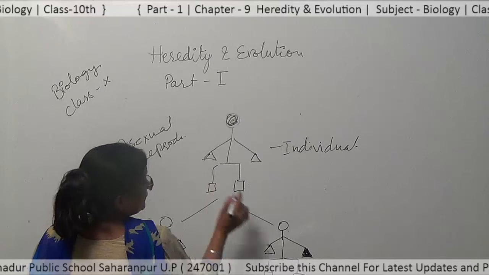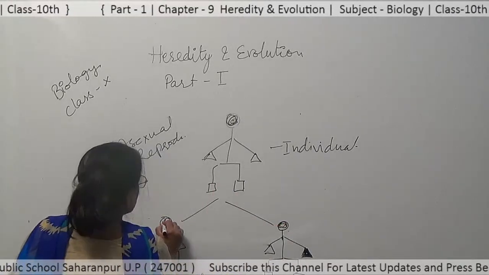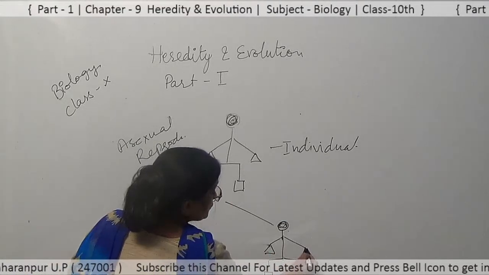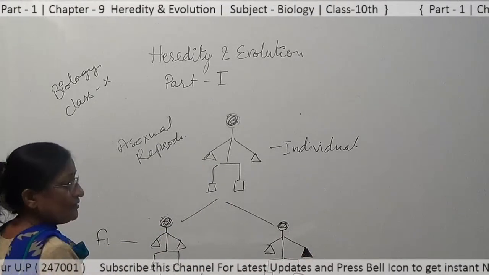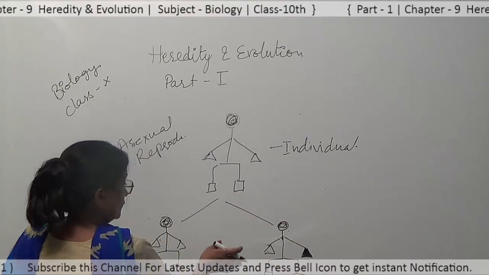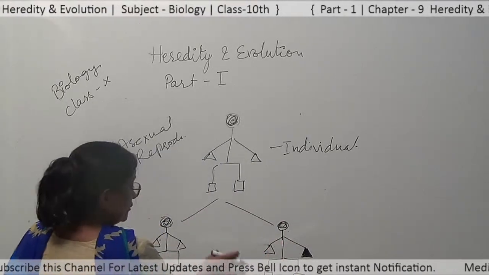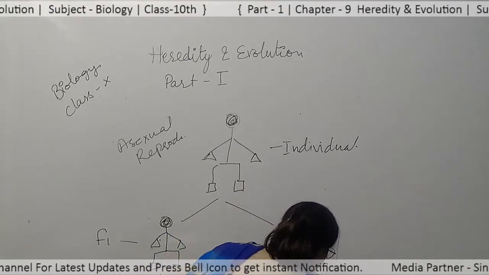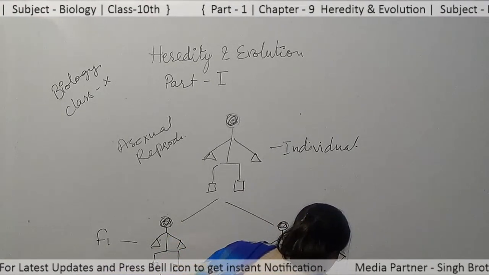As we are saying, this is the individual, this is the individual, but here one dissimilar character is seen in one of the two. So, this is the changed character. We can write it as changed character.